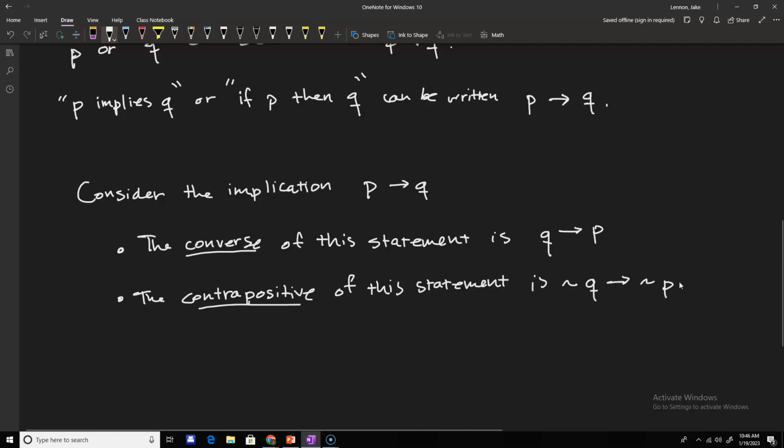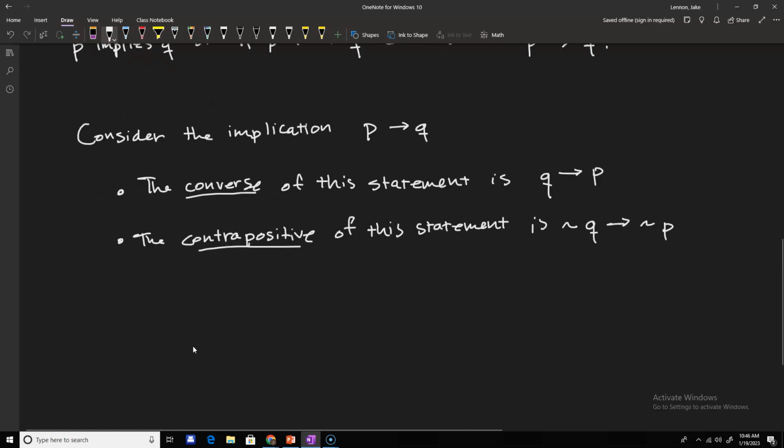Let's investigate the truth tables real quick to understand what's going on here. Let's remember what we did for P implies Q, and then we'll think about how to get that to the reverse, Q implies P. If P is true and Q is true, P implies Q is also true. If P is true and Q is false, this is the case where the implication is false.